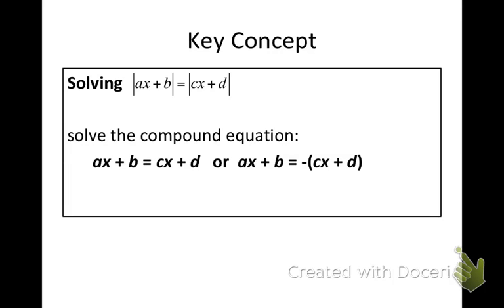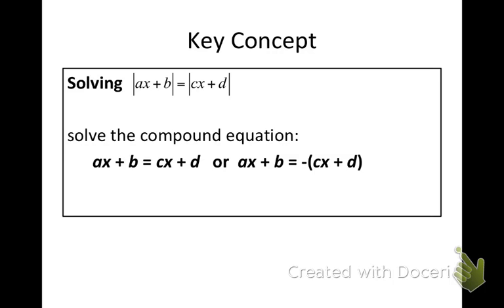So if you have something like this, the absolute value of ax plus b is equal to the absolute value of cx plus d, when you go to solve it, you're still going to keep in mind positive and negative cases. The positive case just eliminates absolute value, just like we did in the other problems. So it would just be ax plus b equals cx plus d.